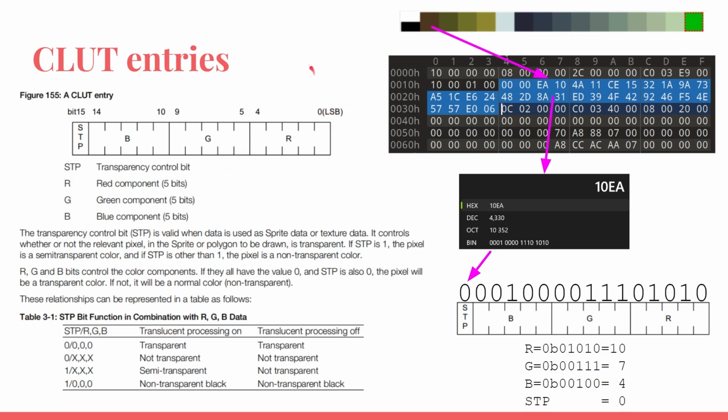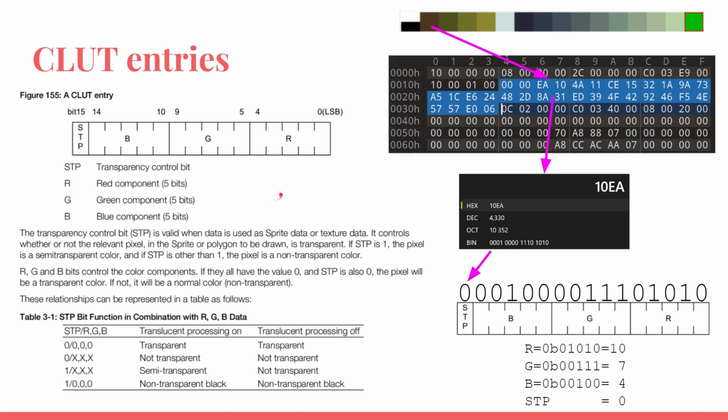And then we have the actual color palette entries themselves, the actual colors in the color palette. As we said before, the colors on the PS1 have this format, basically what we call RGB 555. 5 bits red, 5 bits green, 5 bits blue. Then we have what we kind of hinted at way earlier, the transparency control bit, STP.